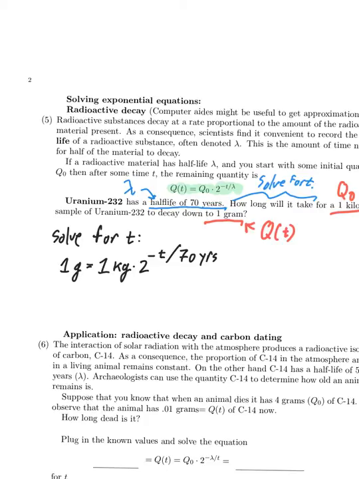Cool, so there's the thing that we need to solve. I guess it's useful to get all of the masses into the same units, so I'll leave the 1 gram alone. 1 kilogram is 1,000 grams, times 2 to the negative t divided by 70 years. So there's the equation that I need to solve.